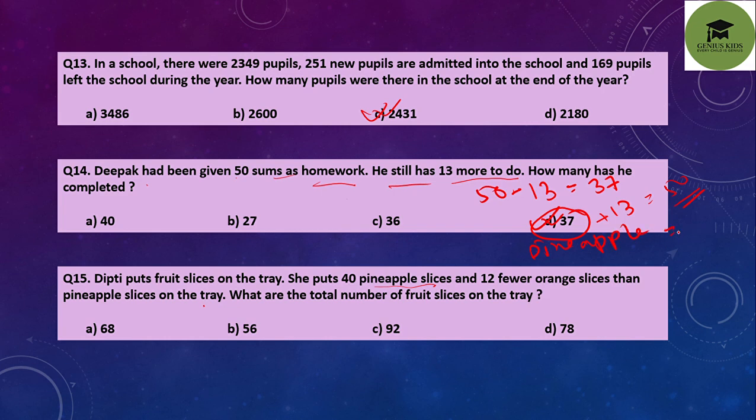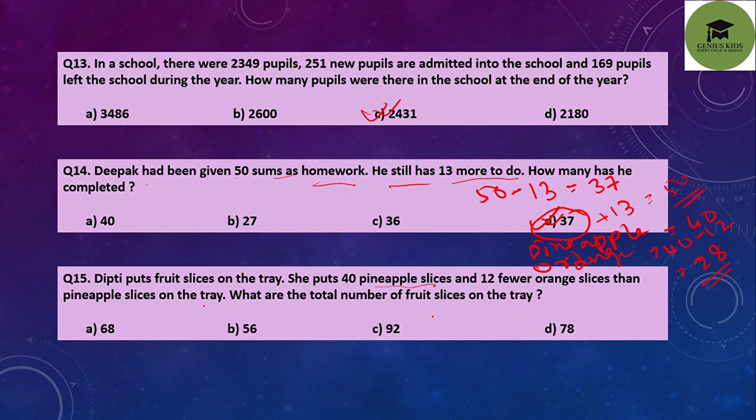Pineapple slices are 40. 12 fewer orange slices than pineapple slices. What are the orange slices? 12 fewer means 40 minus 12, that is 28. Fewer means less. So it will be 28.